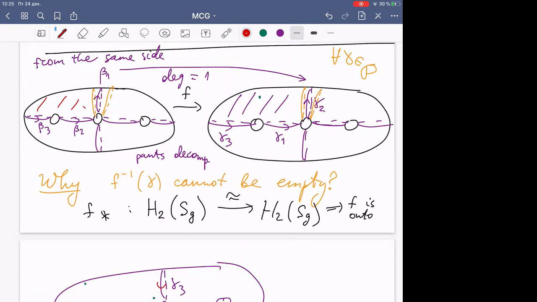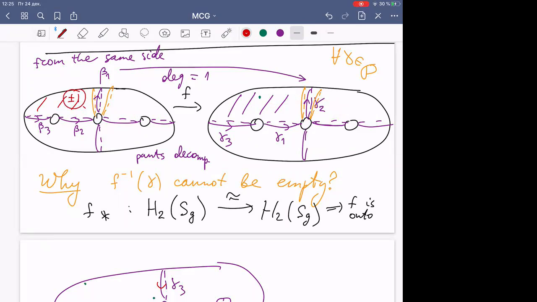so that either we are from the same side or we are from the other side. But, okay, traveling along these paths, we may see that we have this sign assigned to this pair of pants, plus or minus 1.